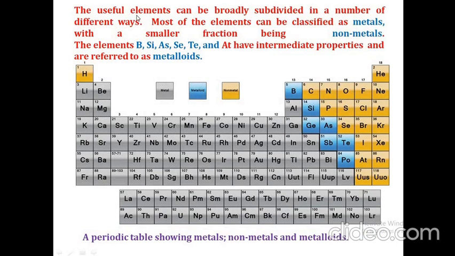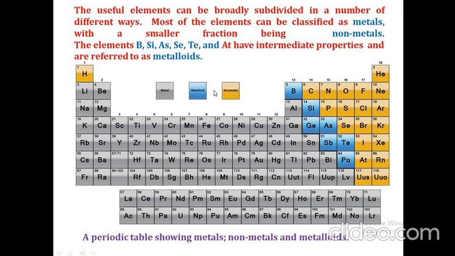The useful elements can be broadly divided in a number of different ways. Most of the elements can be classified as metals, a small fraction as non-metals, and elements having intermediate properties are known as metalloids.